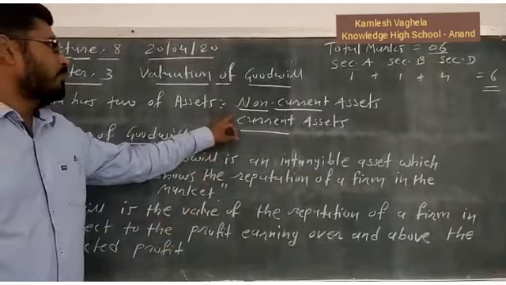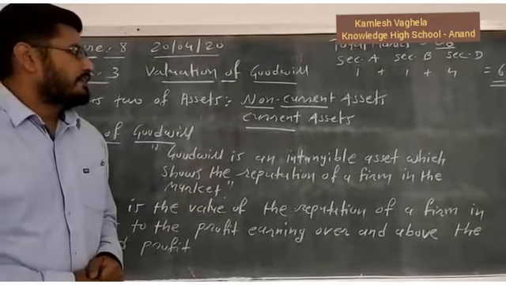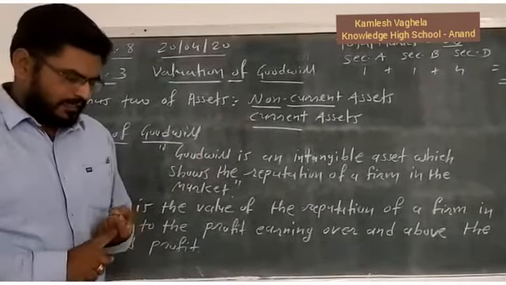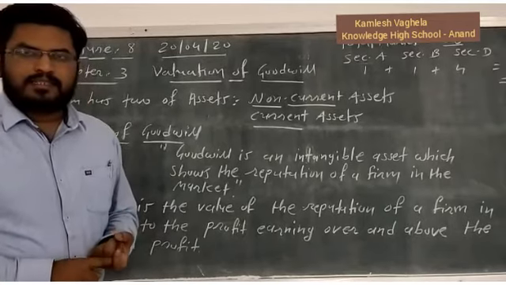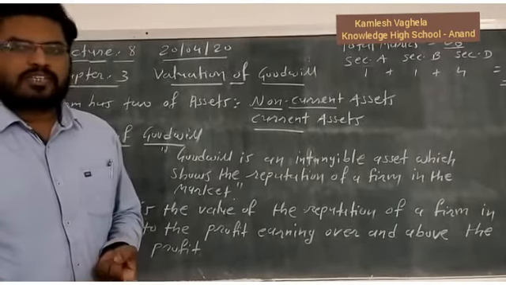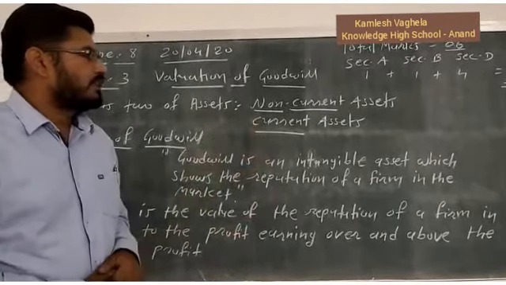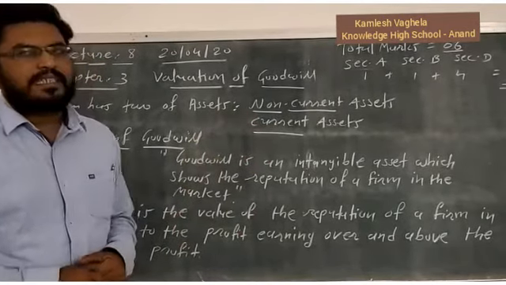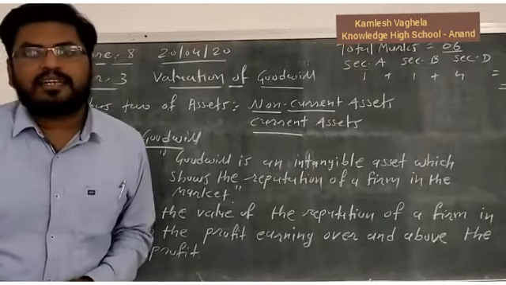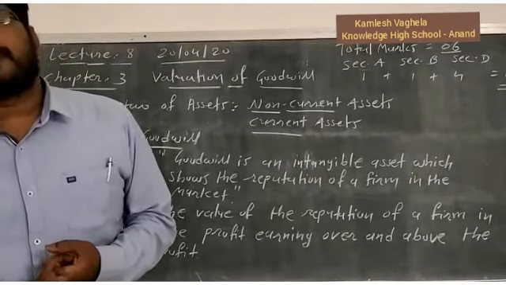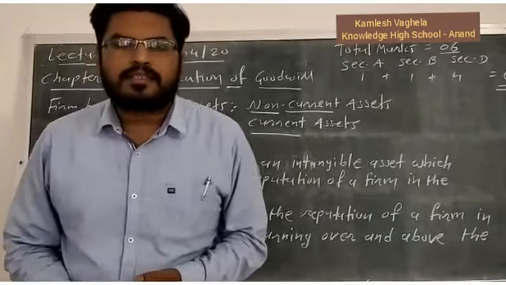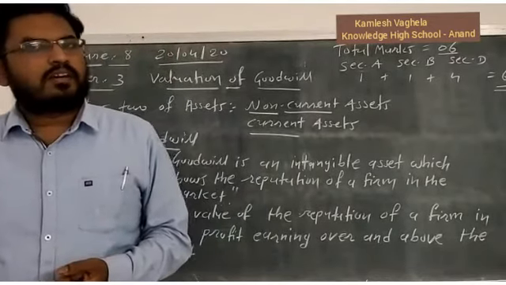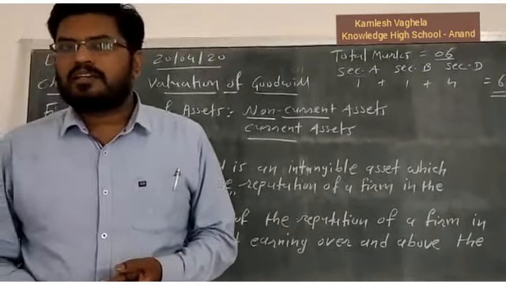Examples of non-current assets are fixed assets, intangible assets, and long-term investments. Now what are intangible assets? Intangible assets mean all those assets which we cannot see and which we cannot touch.